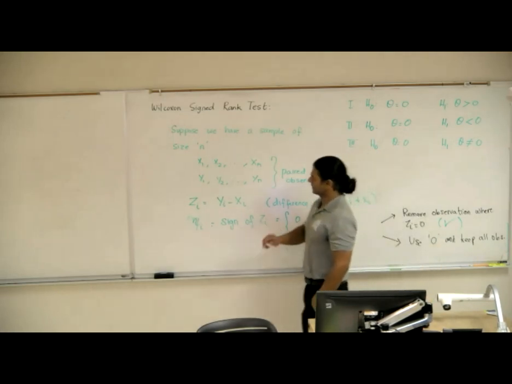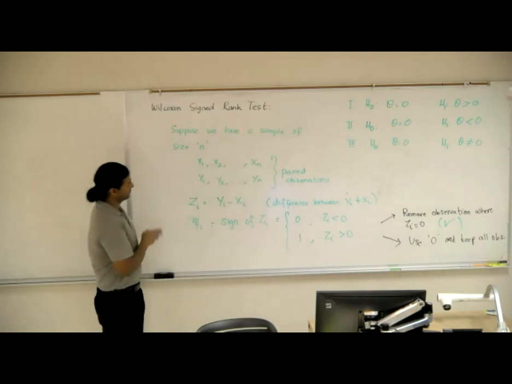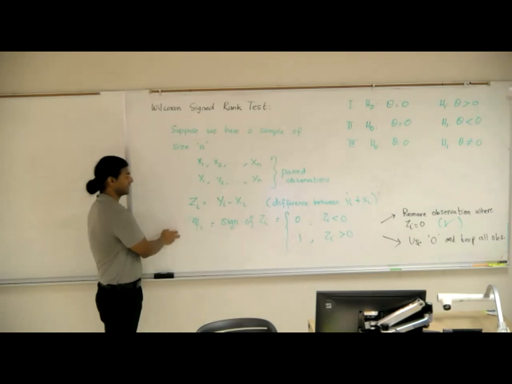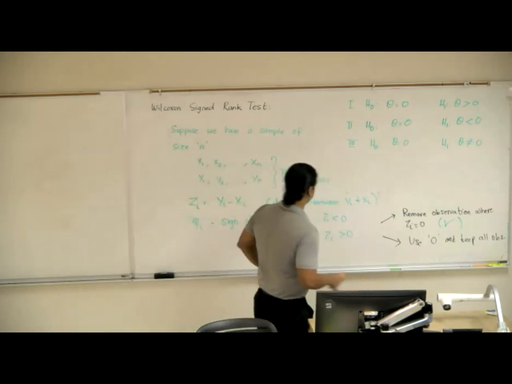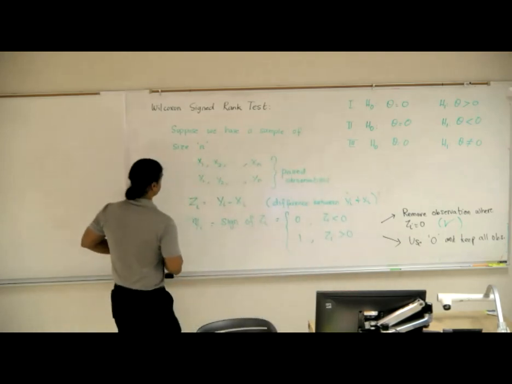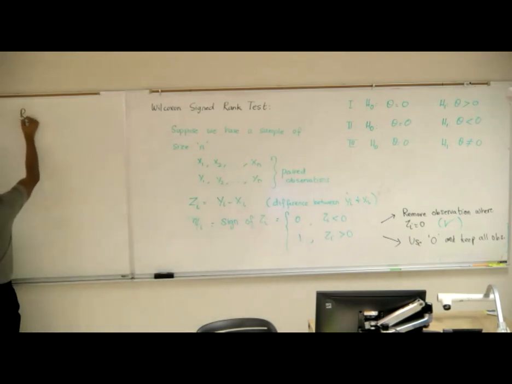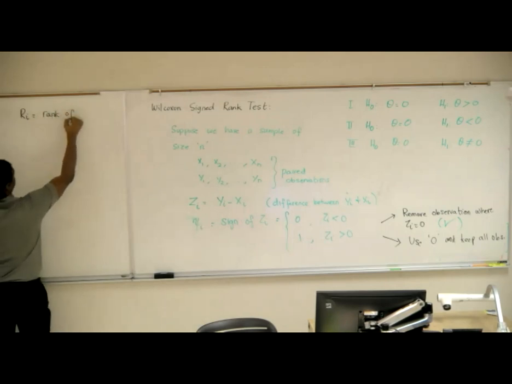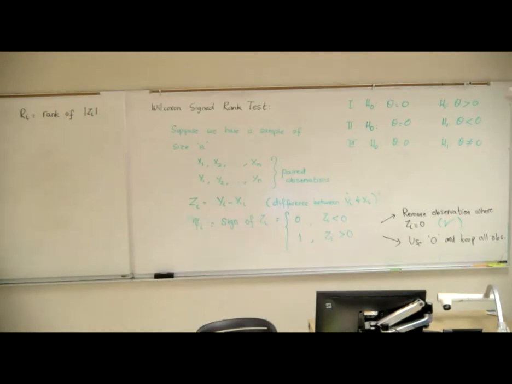So first, we have our data. We have Zi, which is the difference between the two. Psi i is the sign of Zi. And lastly, we want to have Ri, which is the rank of the absolute value of Zi.